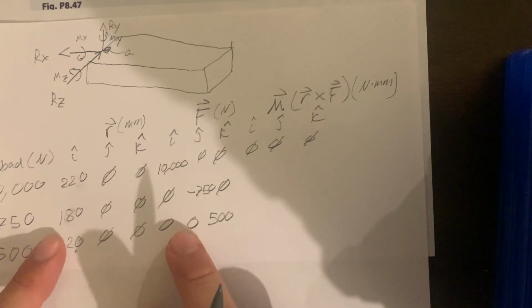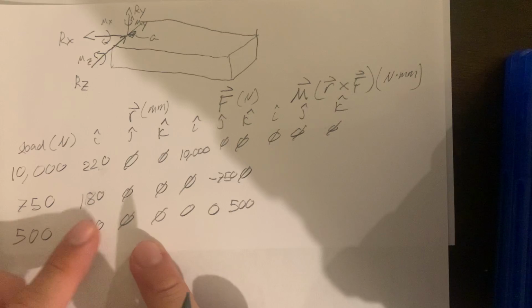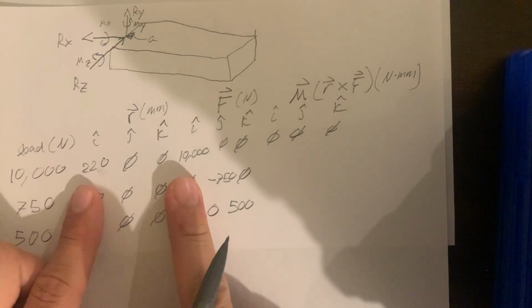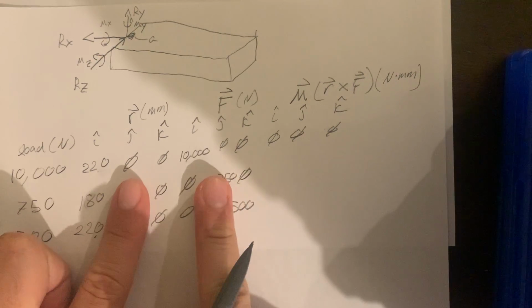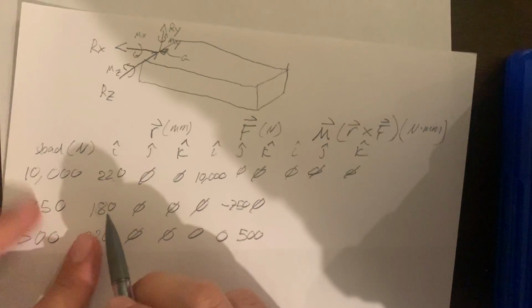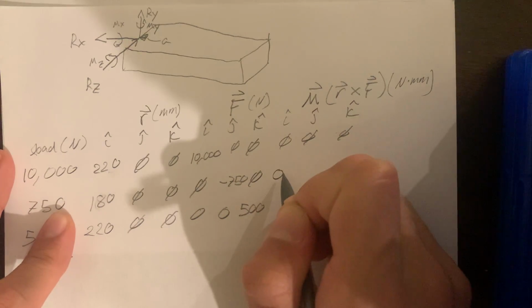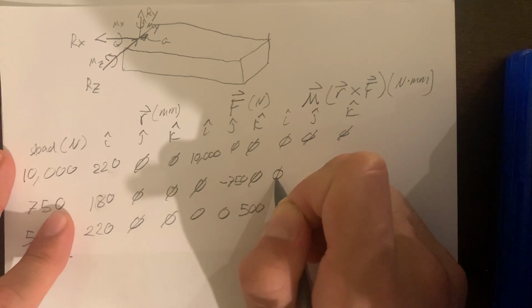And now let's do the 750 Newton force. If we do I, that's 0. If we do the J will work. So now we have 180 times negative 750. That's going to be 0 in the I.